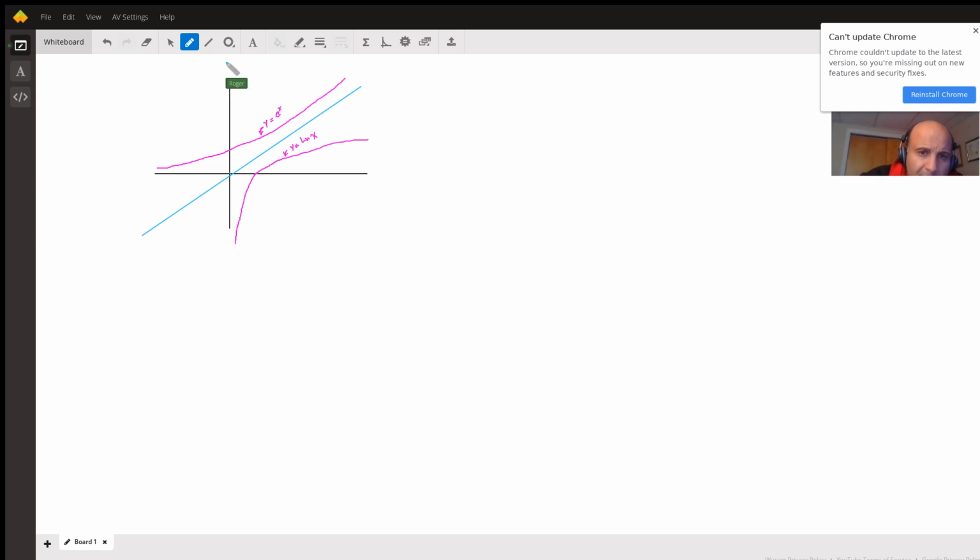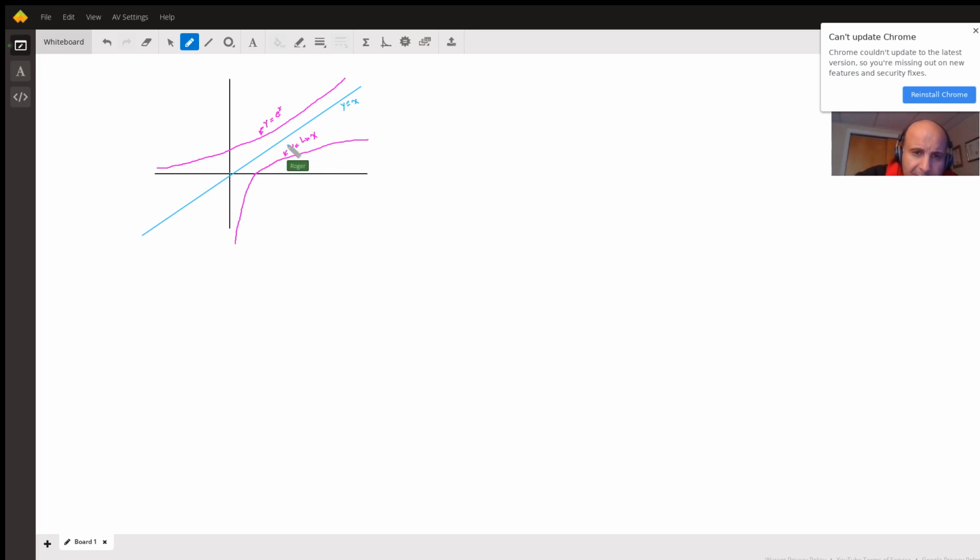So that line is y equals x. If you take the graph and fold it along this line, y equals x, they are identical to each other.